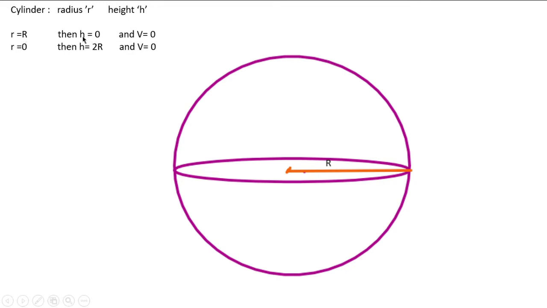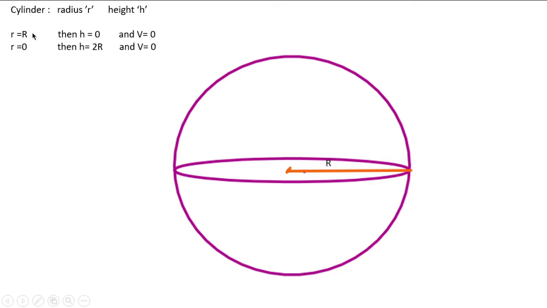What does this mean? See, what is the formula for the volume of a cylinder? It is pi r square h, meaning it has two variables r and h. We are visualizing the whole situation with respect to r, and that is deciding our h. Means our h is dependent on r. That means height is a function of r.